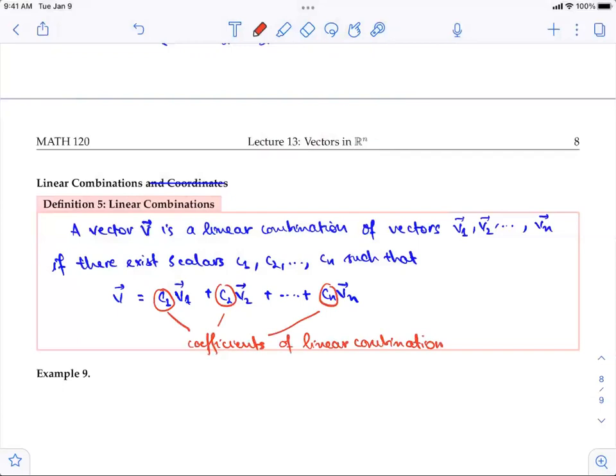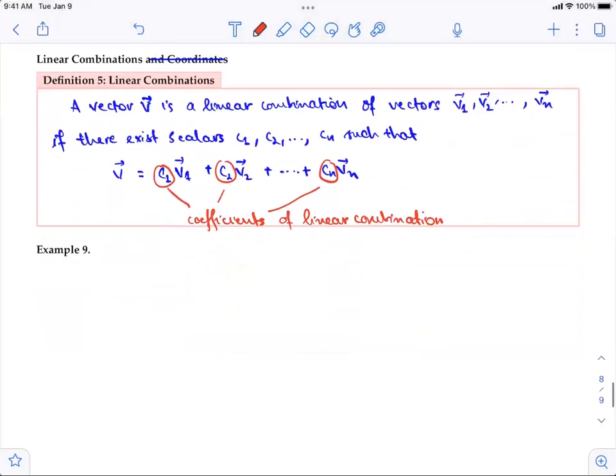Later on in the later lectures, we're going to go back and look at this particular definition, and we're going to perform some calculations so that we can obtain the values of c1, c2, and so on and so forth. All right, so I give you a quick example here.